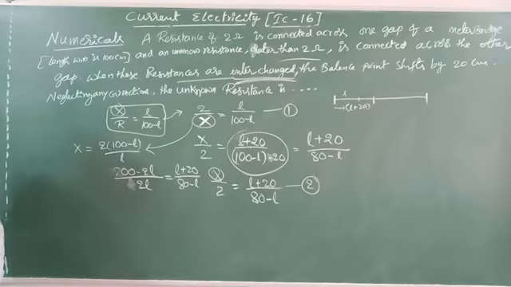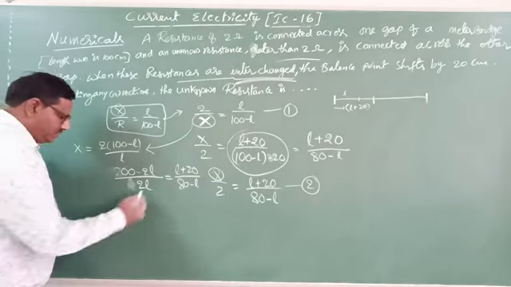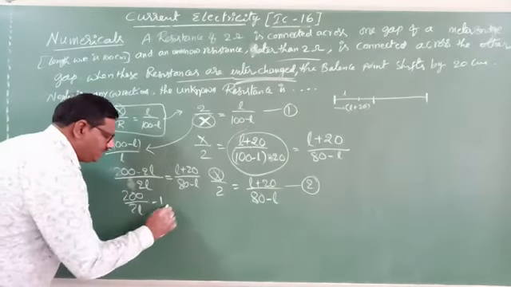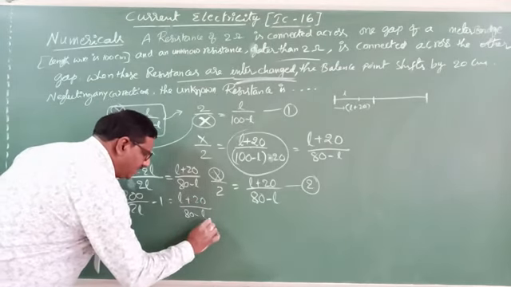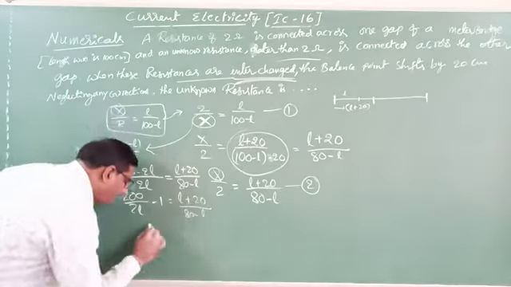After solving, 200 by 2L minus 1 equals L plus 20 by 80 minus L. Now take the minus 1 to that side, it becomes plus.